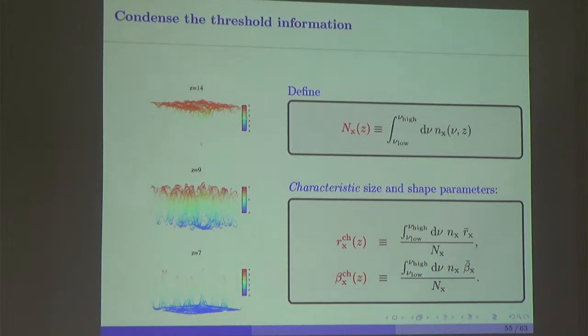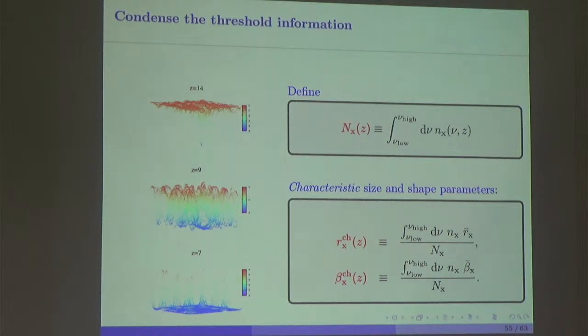So maybe some physical effects will be strong at different thresholds, and we will not lose, but wash out that information by doing this. But since this is the first study, and it's very hard to do the inference and so on when you have multiple parameters, for that reason we have condensed the information by averaging out like this, integrating out the threshold information, and we used it. That is the only reason.